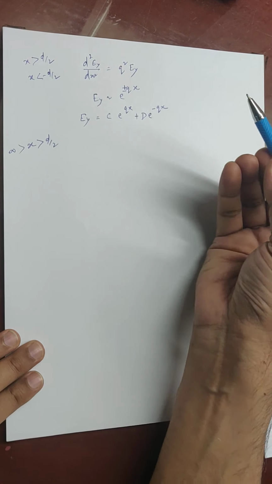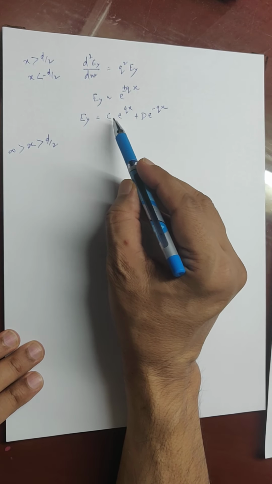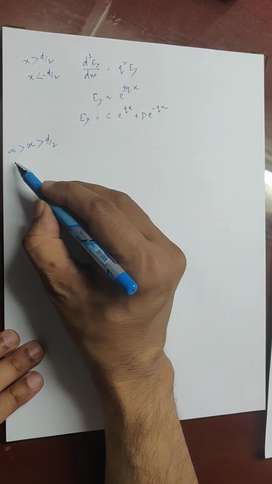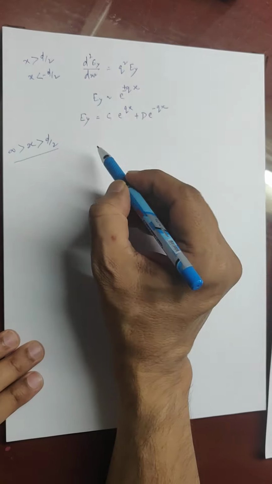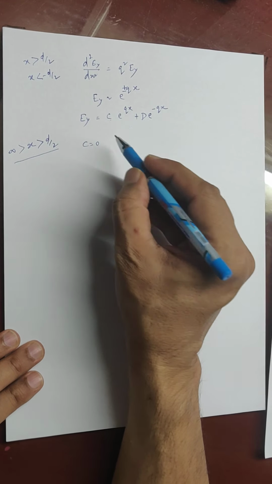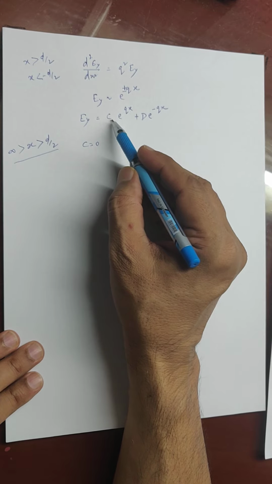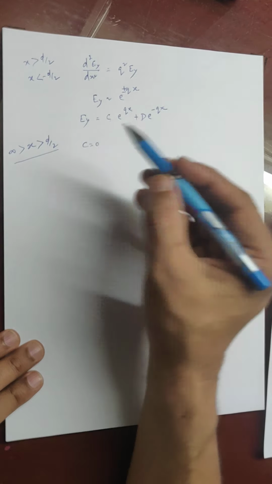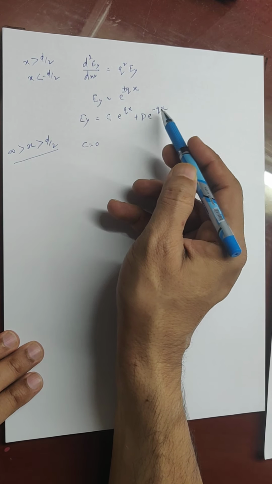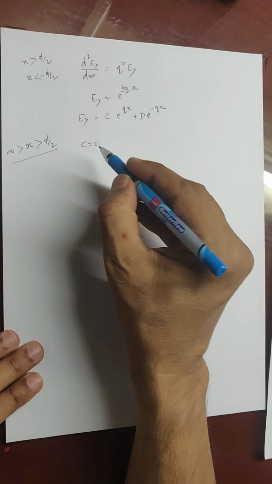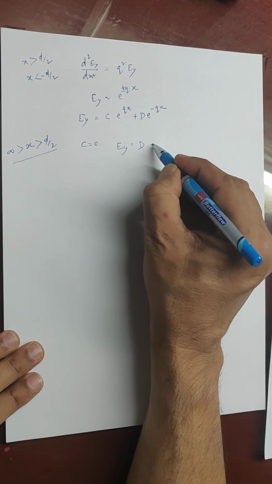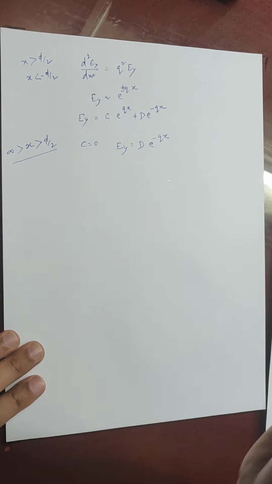That is not physically acceptable, and since c and d are arbitrary constants, in order to keep our physical requirement acceptable, we must take c equal to 0. There is no other choice, because if you keep c over here, this term is going to blow up when x is very, very large. This is not going to blow up, this would go to 0. So this is acceptable. So c will have to be taken as 0, and Ey would be equal to d e to the power minus qx.